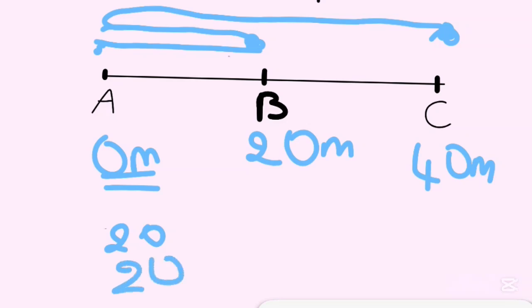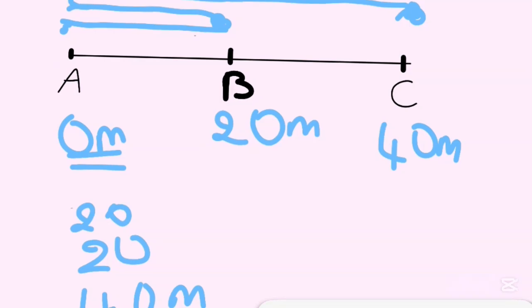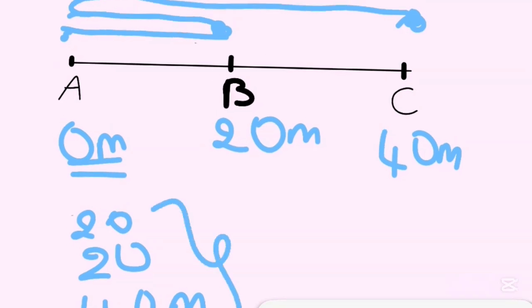And after the second time, you repeated that length from A to B, but this time you didn't stop in B. You continued all the way to C. That's because you finally reached your final destination. And from A to C is actually 40 meters. So 40 meters. And in total, you covered 80 meters.